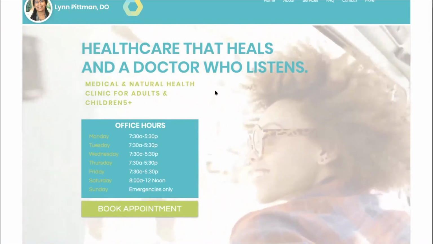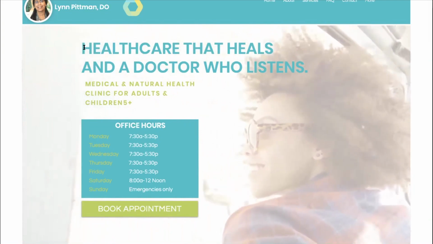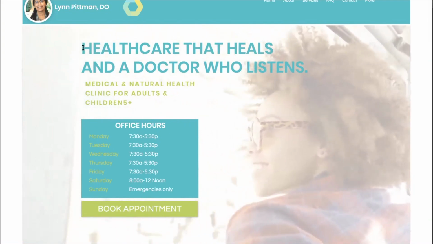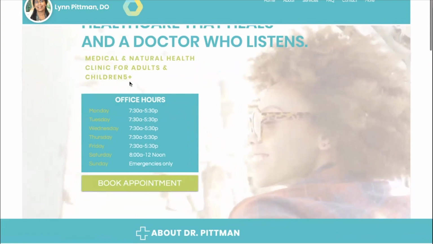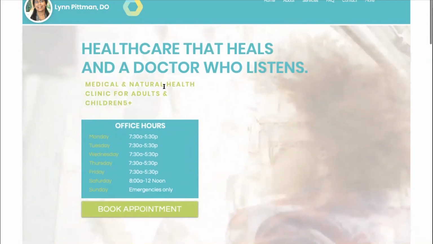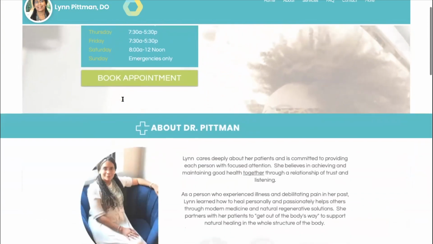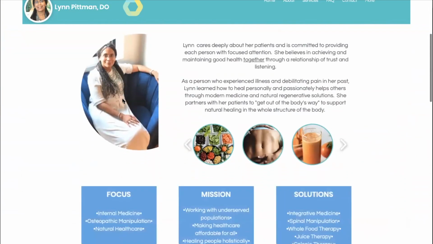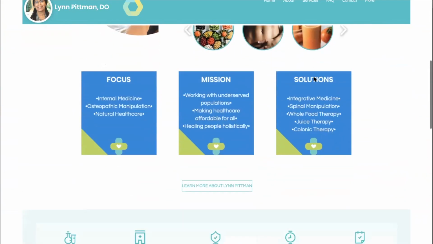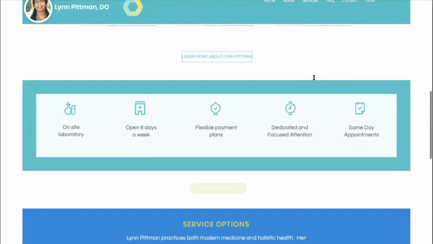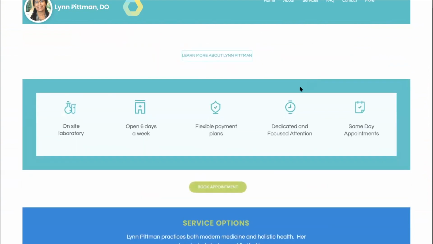And we're not messing around here. We've got the words that are SEO smart: healthcare, doctor, medical and natural health clinic for adults and children. This is a site that I built for her, making sure I have some keywords in here. But it's also designed to be extremely functional.